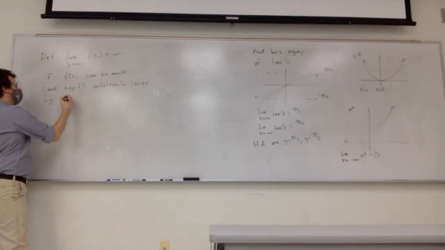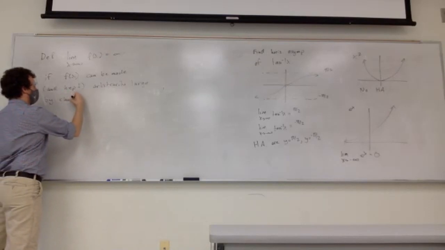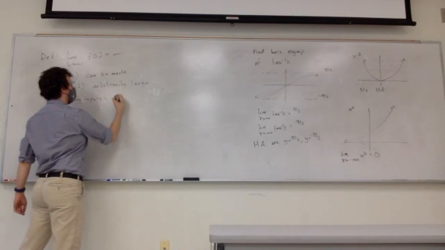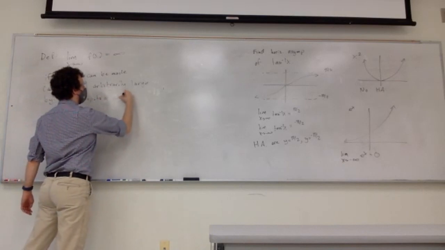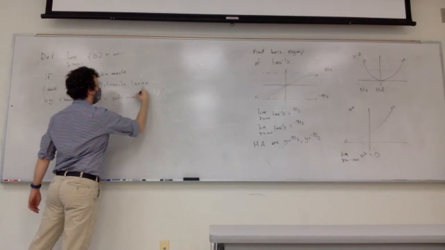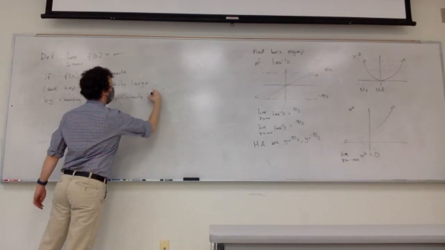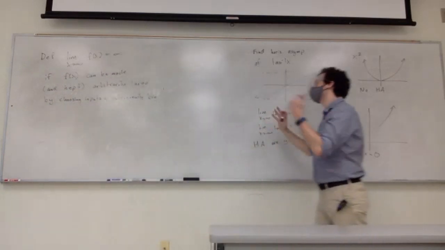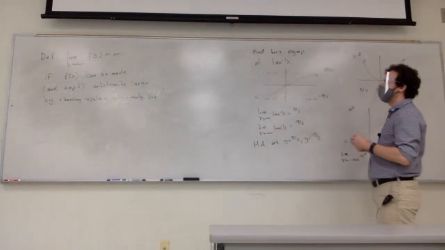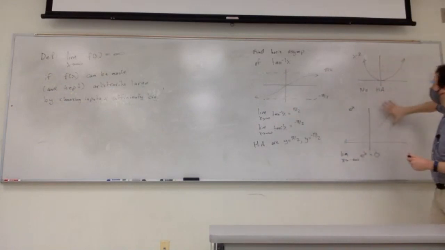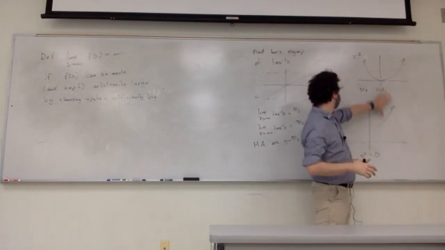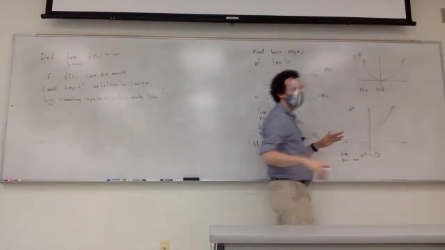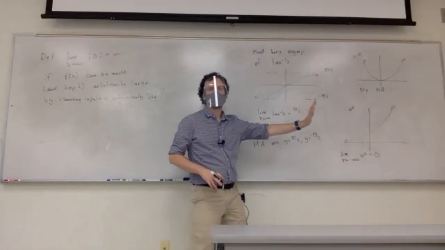And you can make them big by choosing inputs x sufficiently big. So this is the wordier way of saying that these functions, and these two examples are cases where that's happening, you can make these functions as big as you want by looking far enough out to the right.